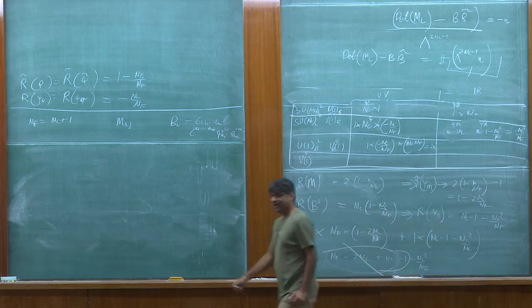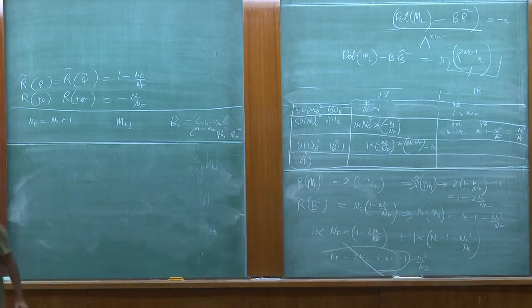Nf because there are Nf different q's. As far as these u1 charges are concerned, there are Nf times Nc different q's, each of which carry these u1 charges. Colors. Similarly with the q tildes, that's why the two. Clear?